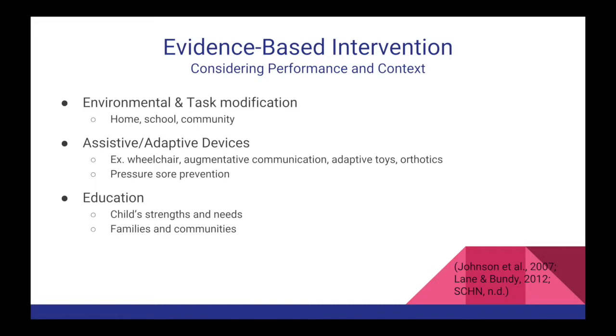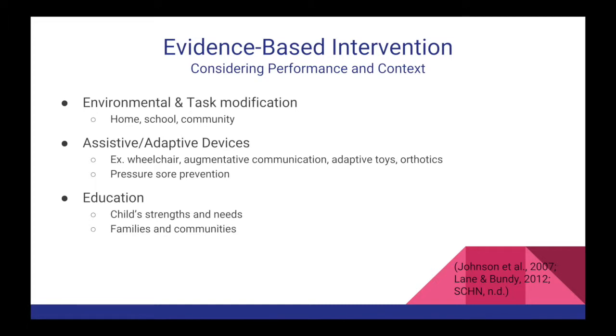Some examples of devices commonly used within this population include wheelchairs, augmentative communication devices, adaptive toys, and orthotics. It is important to be mindful that devices should always meet the family's needs and preferences. Understanding what the family is ready for and on board with is key for equipment being utilized.